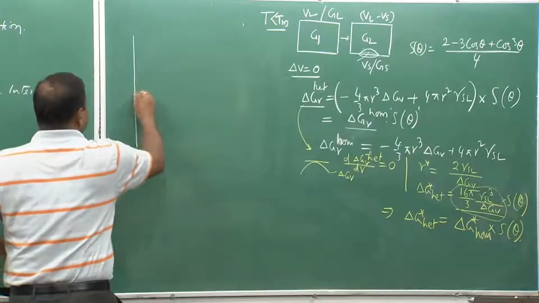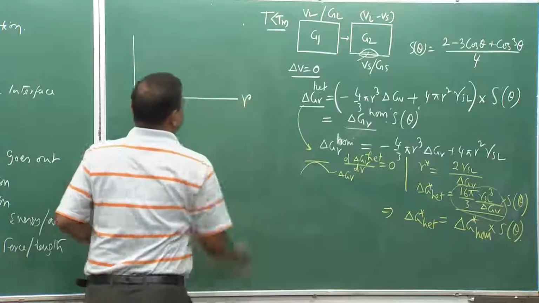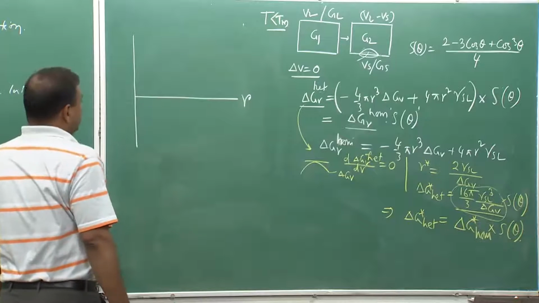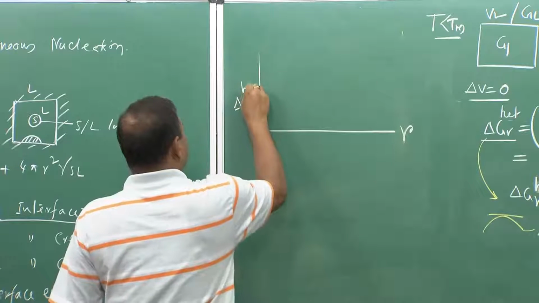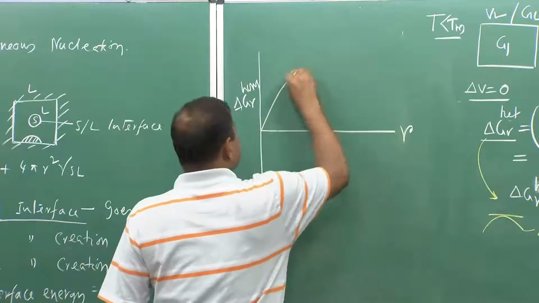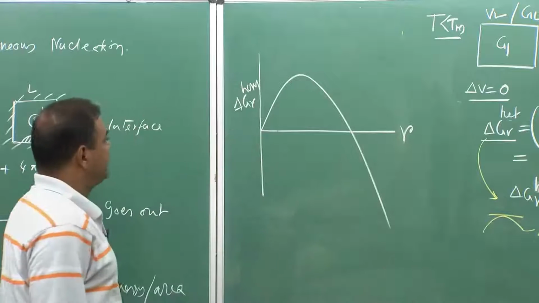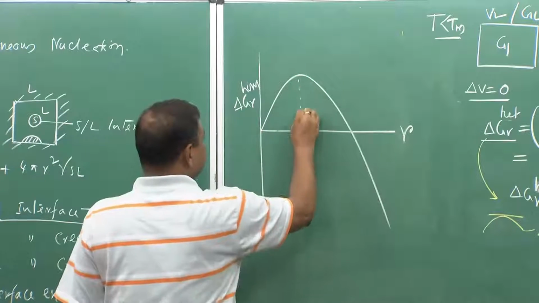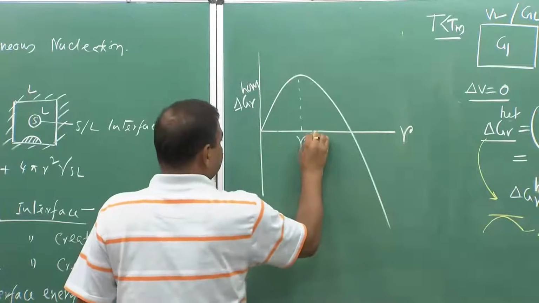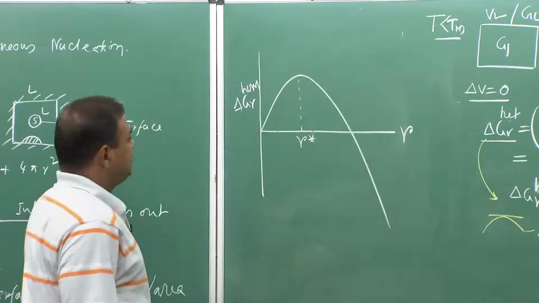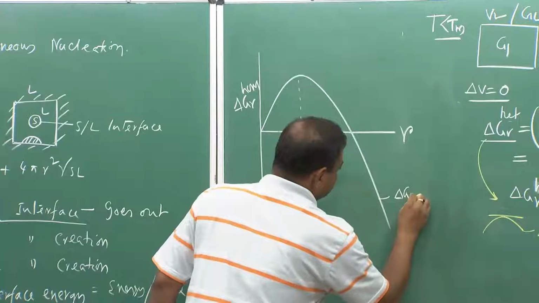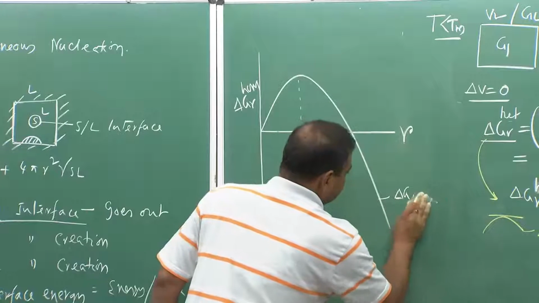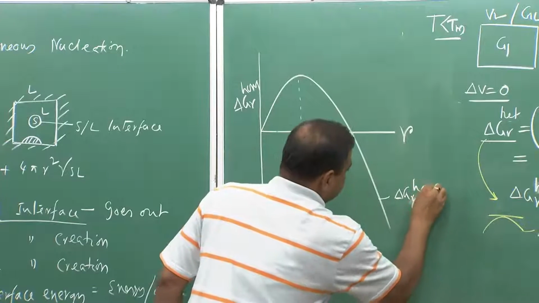Okay. If I try to plot as a function of r, last time we have plotted delta G r for homogeneous, it is like this, and this was my r star, and this is my delta G homo.